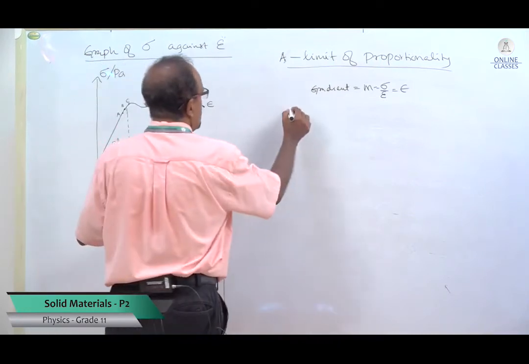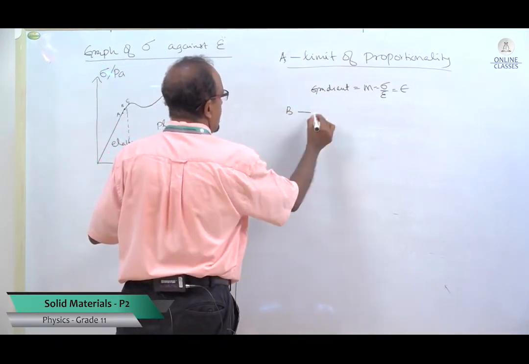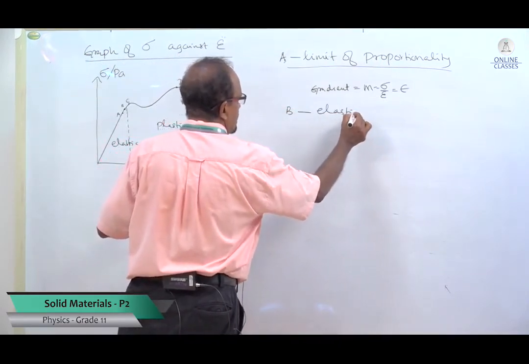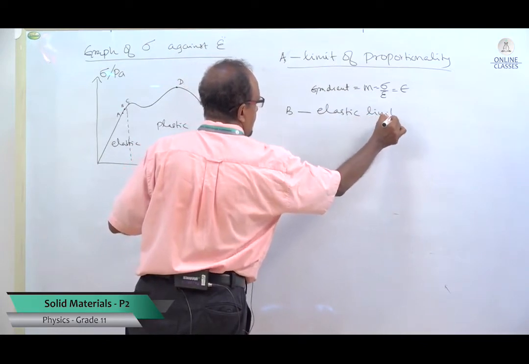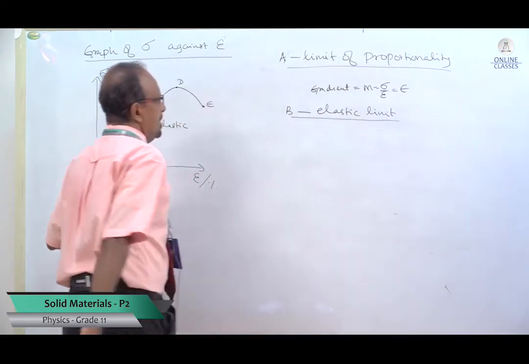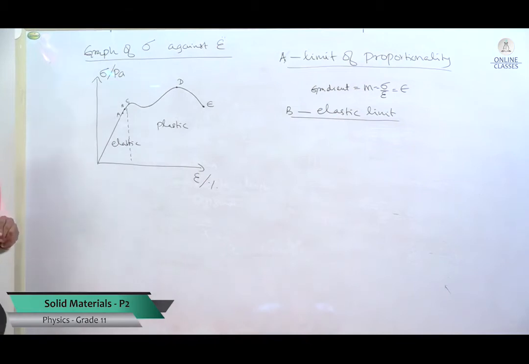Then we see what is meant by B. B we denote as the elastic limit, which we also learned last day. The elastic limit is the point up to which, when the applied force is removed, the material will regain its original shape and size.